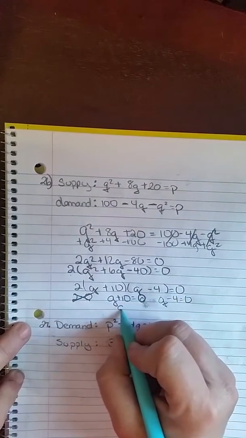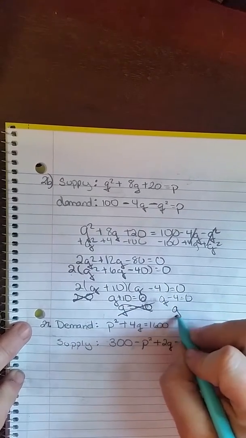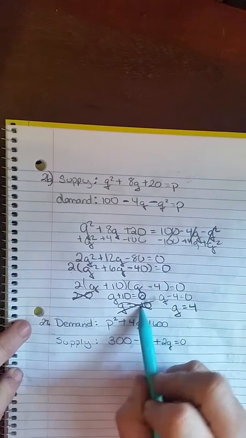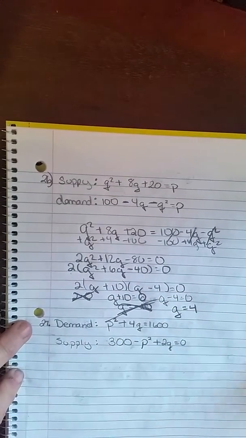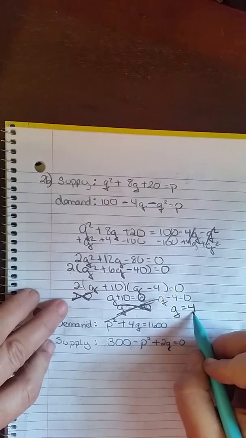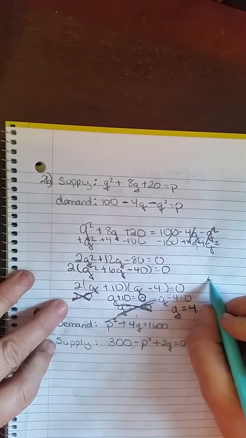So Q equals negative 10, that's nonsense. Q equals 4. Because this was negative 10, that's nonsense, and because 2 cannot equal 0, that's nonsense. So we throw both of those solutions out. The quantity is 4. Let's plug it back in.